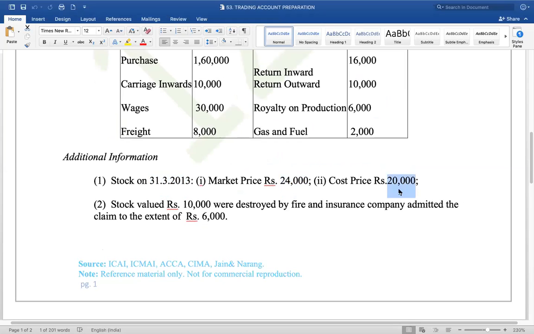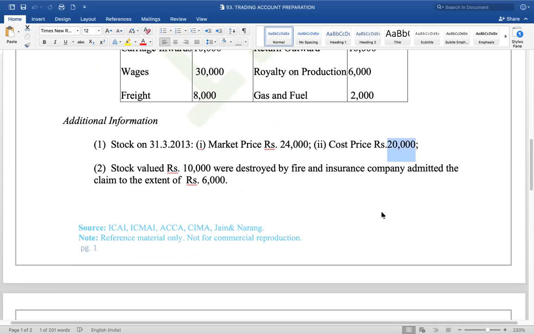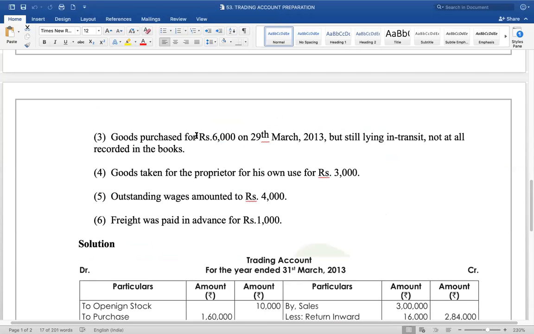The rule is market price or the cost price, whichever is less. Stock valued at 10,000 was destroyed by fire, and the insurance company admitted only to the extent of 6,000, and there's a 4,000 loss. Goods purchased for 6,000 on 29th March 2013, but still lying in transit, not at all recorded in the books.